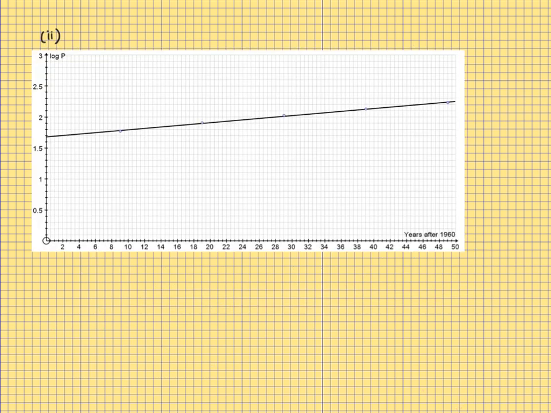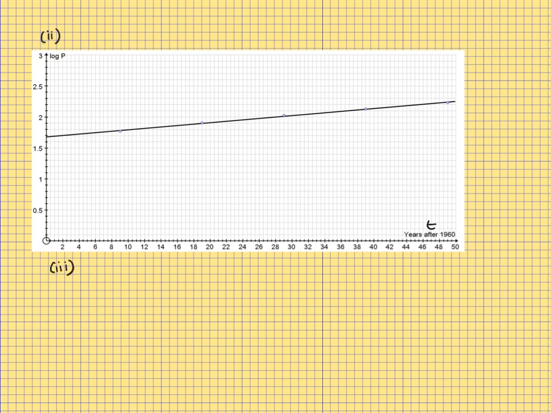So here we have a pre-plotted graph of log p versus t. And the next thing that we're going to do is, of course, having drawn our line of best fit, use this to find the missing constants.